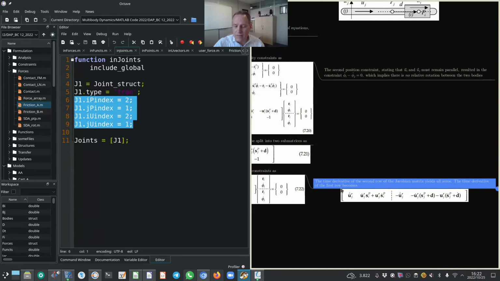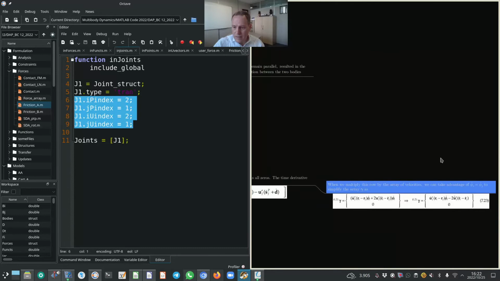The time derivative of the first row becomes what you see here, and from that we can multiply this row by the array of velocities. We take advantage of the fact that the two angular velocities of the bodies I and J are equal, so we can simplify the array gamma, which is the right hand side of the acceleration equations, as shown here in equation 723.